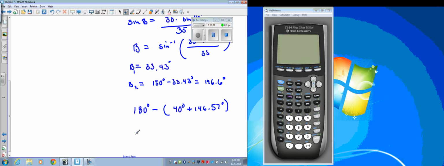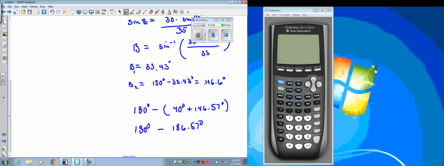That's possible, isn't it? That's not possible, is it? 186.57. You can't see, there isn't enough room to put another angle in there. So this is going to be one triangle.